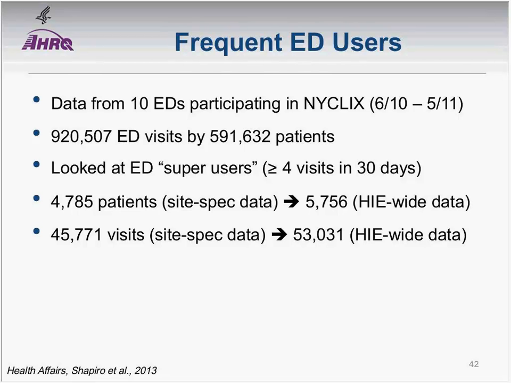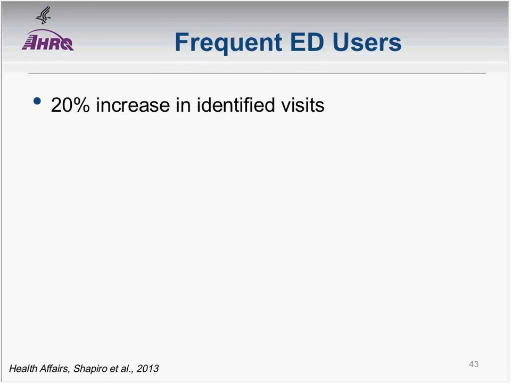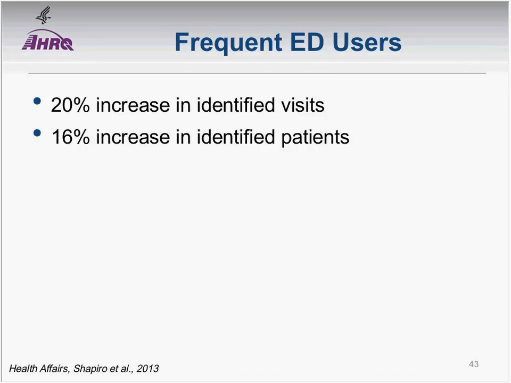We then looked at the visits that comprise these frequent ED visits, and we found 45,000 visits using site-specific data, which increased to 53,000 when we looked HIE-wide. So this accounted for a 20% increase in our ability to identify frequent ED visits and a 16% increase in our ability to identify frequent ED patients.